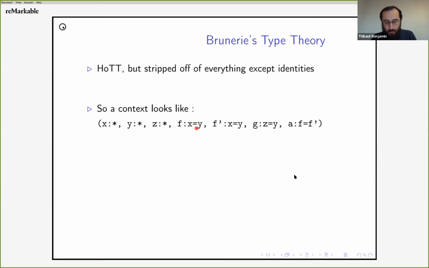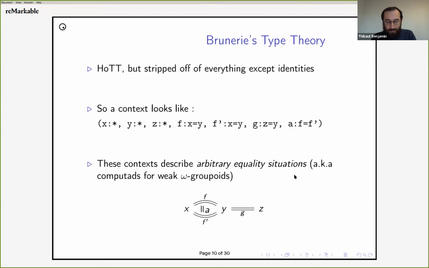And then I can say that I have an equality between X and Y, an equality between X and Y, another one, and so on. So I have all the iterated equalities, like in HoTT, but I don't have anything else. And so these contexts, we can think of them as some sort of description of an equality situation.